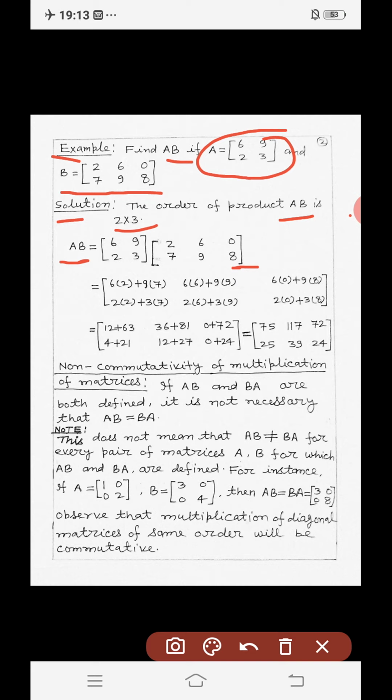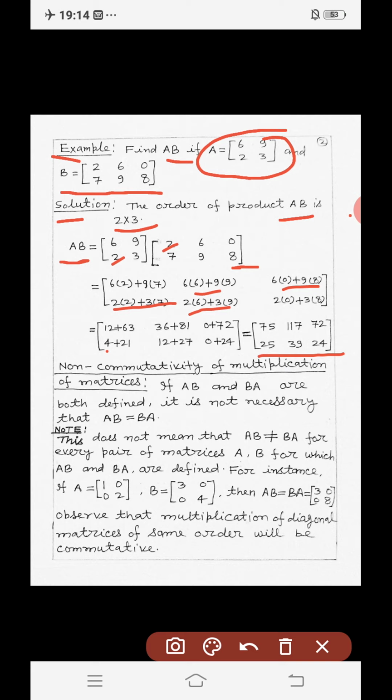We get 6 into 2 plus 9 into 7, 6 into 6 plus 9 into 9, 6 into 0 plus 9 into 8, and second row 2 into 2 plus 3 into 7, 2 into 6 plus 3 into 9, 2 into 0 plus 3 into 8, and finally we get the product AB as the matrix with elements 75, 117, 72, 25, 39, 24.